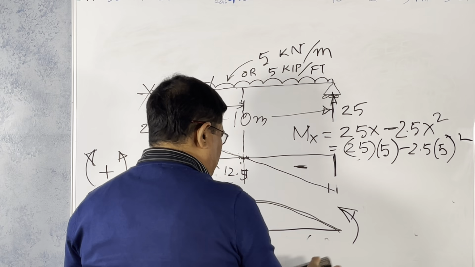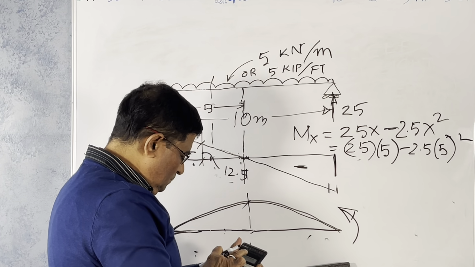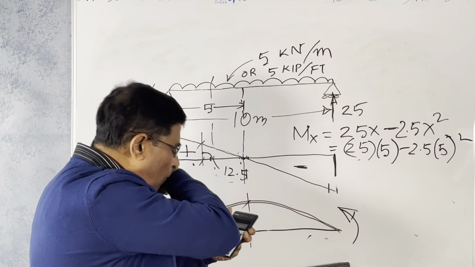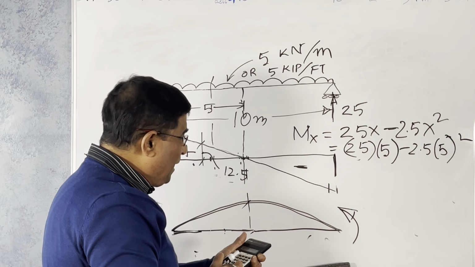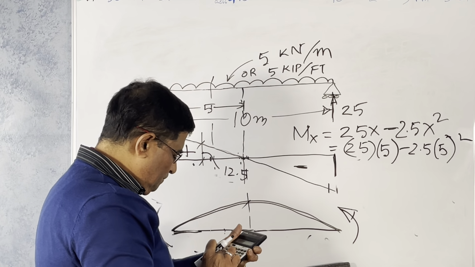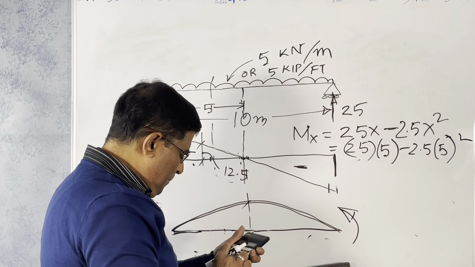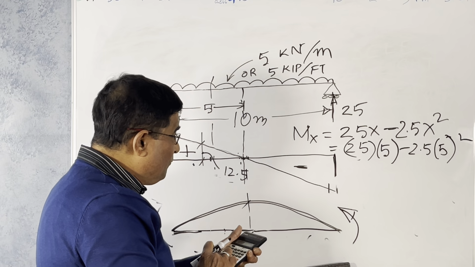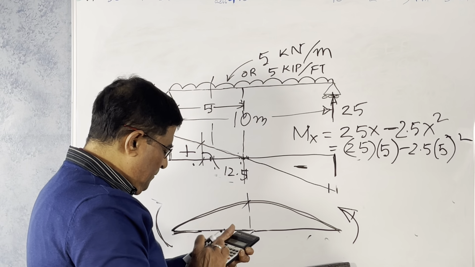So what is the value? 25 times 5 is 125, minus 25 times 2.5.